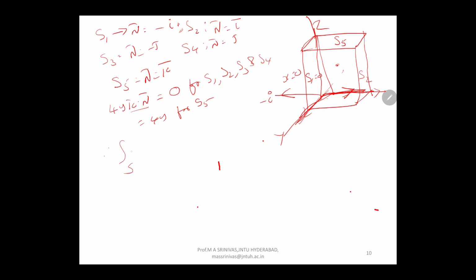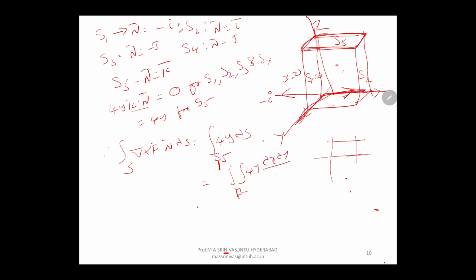Therefore, the integral over S of curl F bar dot n bar ds will become the integral of 4y ds. This is our surface S5. So, how do you find it? Take the projection, as I mentioned clearly how to take the surface integral. Now, you take the projection of this on the xy plane, so that you will have on the xy plane again a, b here. Double integral over R of 4y dx dy by n bar dot k bar. N bar is k bar, so k bar dot k bar is 1. Why is n bar k bar?